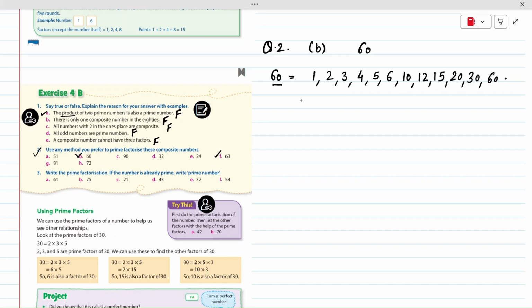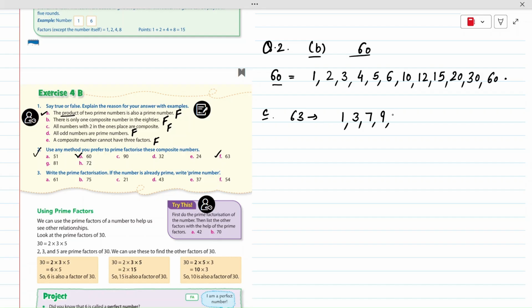Let me take 63, the F part. This was the B part. Now I am picking 63. So let's do it. We have 1, 2 is not a factor, 3 is a factor, 4 is not, 5 is not, 6 is also not a factor. Then 7 is a factor, 8 is not, 9 is a factor, 10, 11, 12, 13 are also not factors of this.